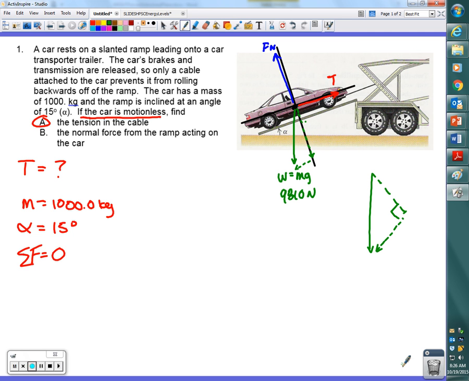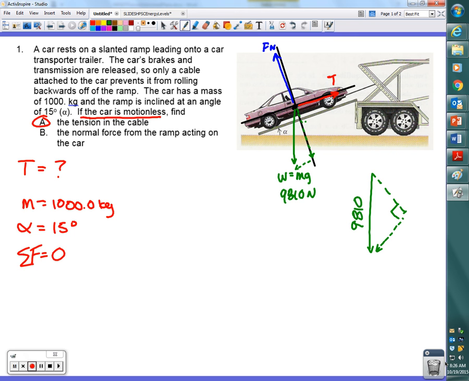What about the hypotenuse of this triangle? Do we know the hypotenuse of that triangle? It's what? It's the weight, right? Which we've already calculated is 9,810. But we said to use SOHCAHTOA, we have to know a side and an angle other than the 90 degrees.